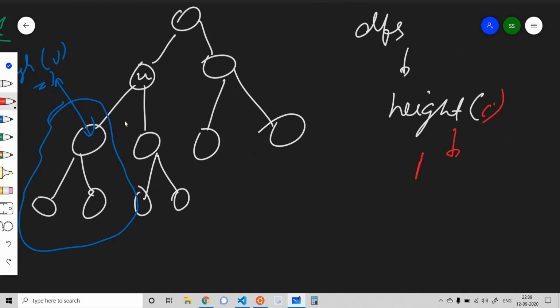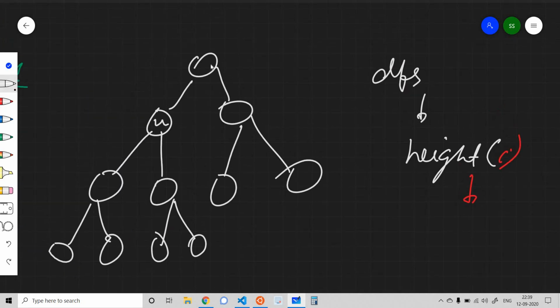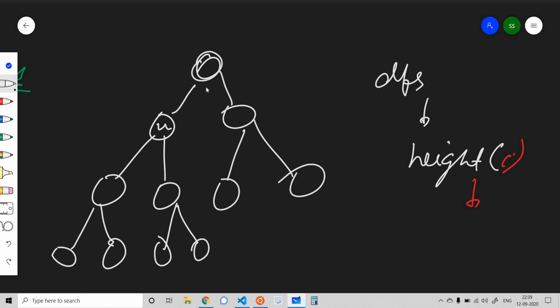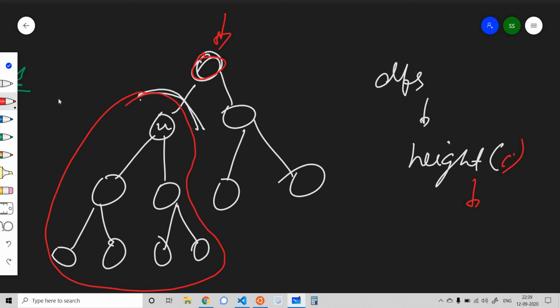After doing this, for each of the nodes in my tree, I check whether one of the subtrees which is rooted at one of its children, that is, if for this root I am checking whether this subtree is having nodes more than n by 2.